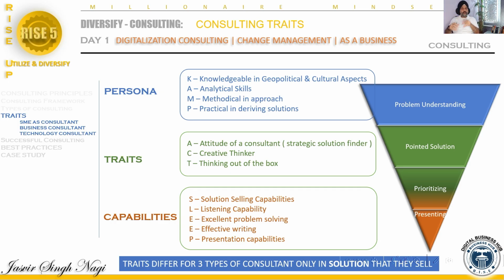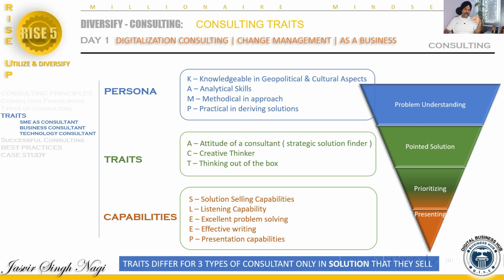So first, let's understand what goes into the larger solution. That means the funneling of getting the outcome from a consulting exercise, which works like a funnel. If you see on your screen, it starts with the understanding of the problem, what has been communicated by the customer. You find the pointed solution using those 7 steps we discussed.